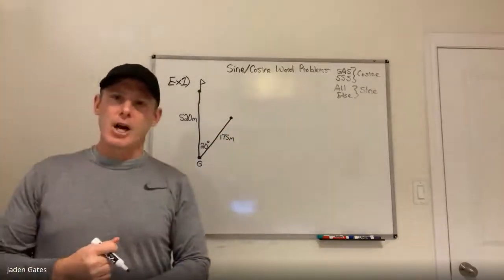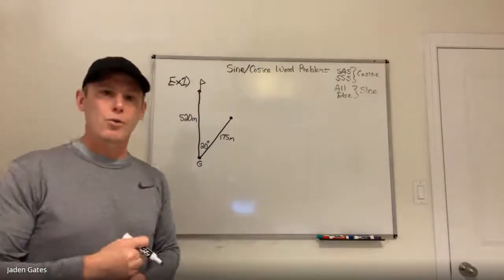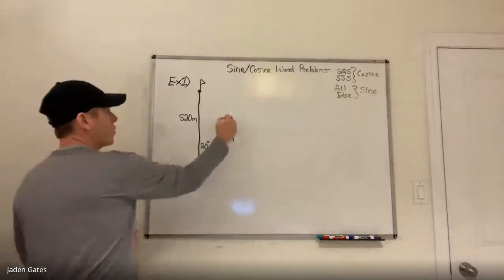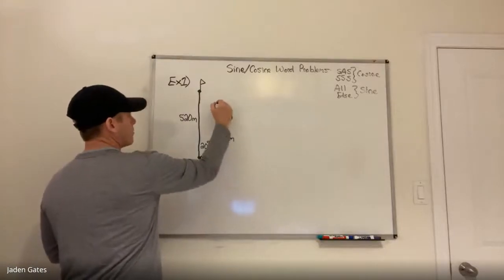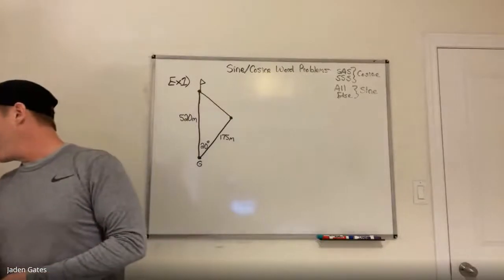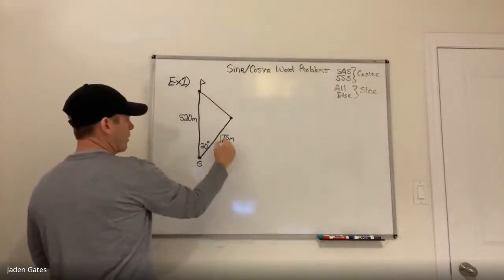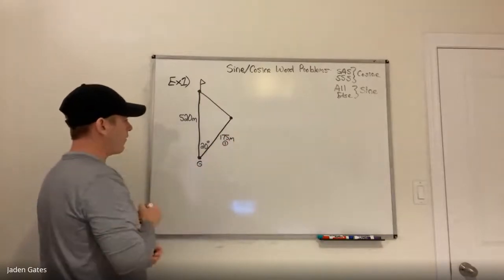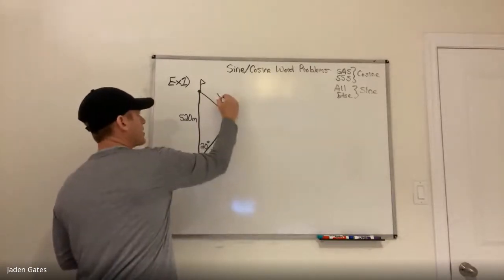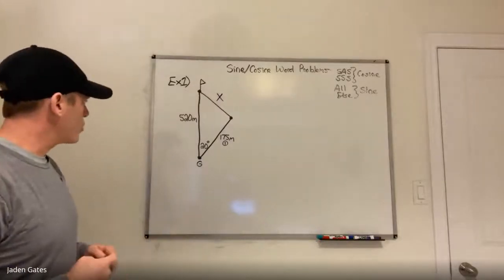And then on the second sentence, the second shot goes directly into the hole. And so we go from here and it goes straight in. Must be a good golfer. And we want to know how far did the golfer hit their second shot? Well, if 175 was the first shot, X here will be our second shot.